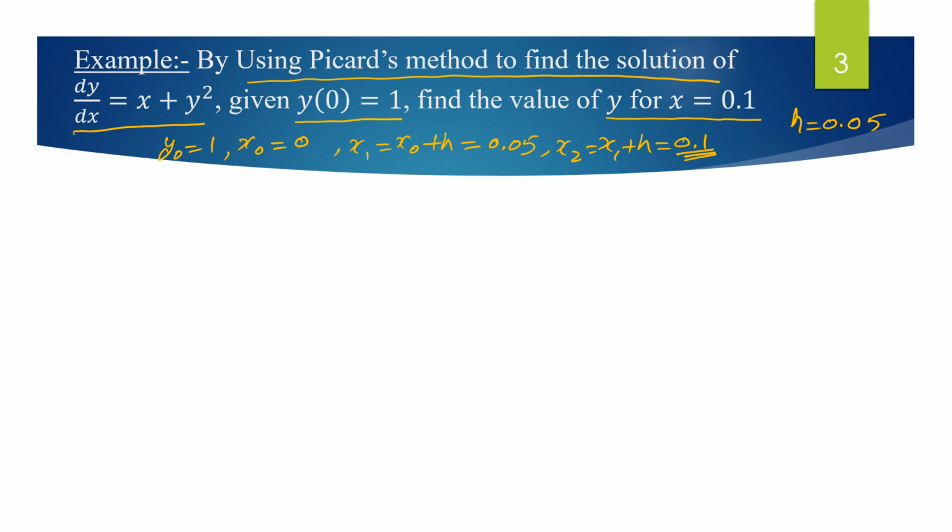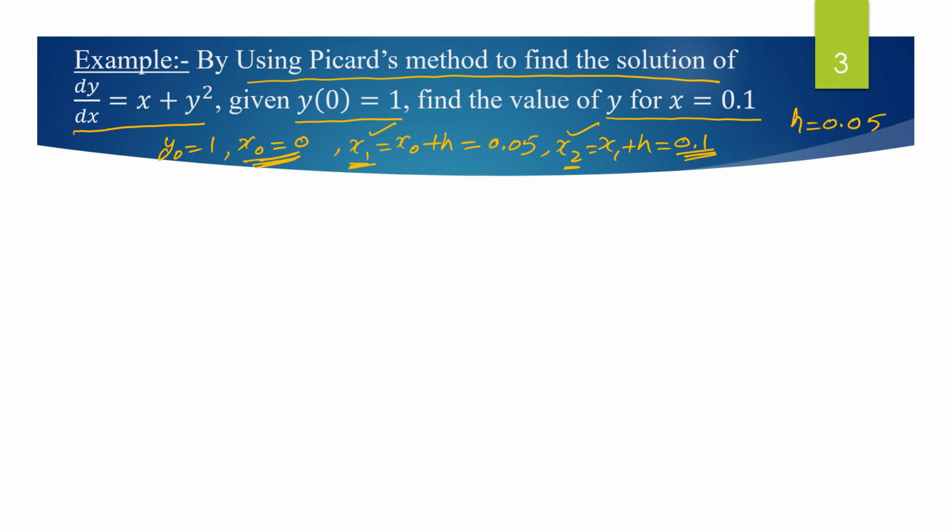This is the place where we require the solution, and this is the place where the initial condition is given. That means we have to calculate for x1 and x2, and because it is an iteration process, first we find the value at x1, then we go for x2.